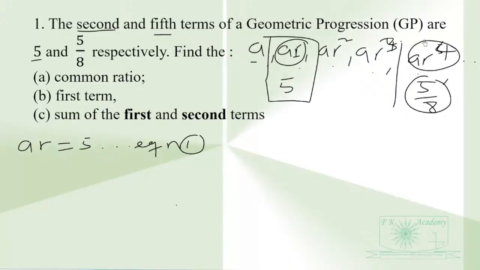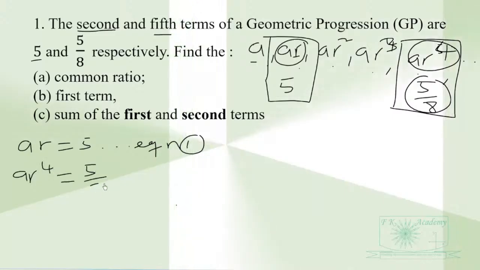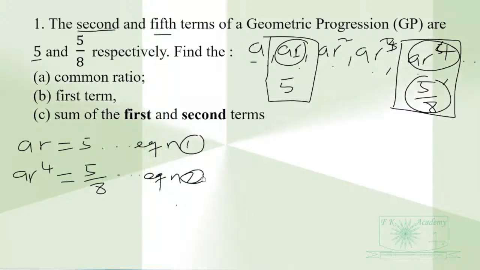Then we have this one too, another equation. AR exponent 4 is equal to 5/8. Another equation here, equation 2. We have to solve these two equations for the value of A and R.